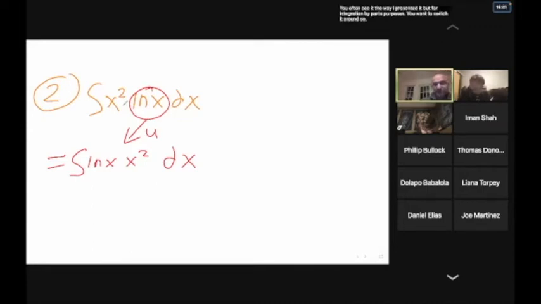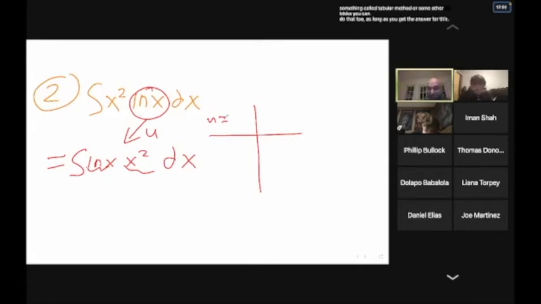So I'm going to stay quiet now because you're going to do your first ever example in this course on your own. So you're going to have u and you're going to have dv. So you're going to make your little table now. And some students have their own ways of doing this, something called the tabular method or some other tricks. You can do that too, as long as you get the answer for this. That's what I care about, and showing work, of course.